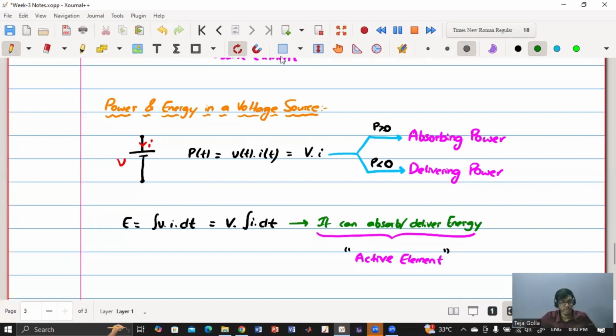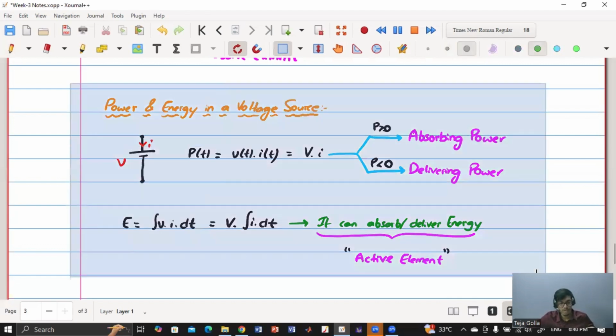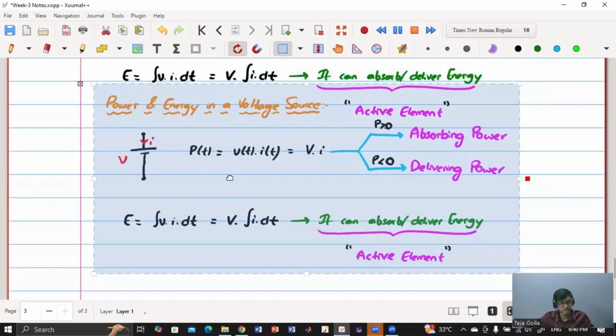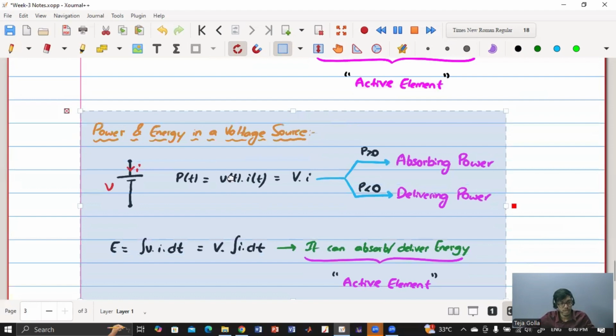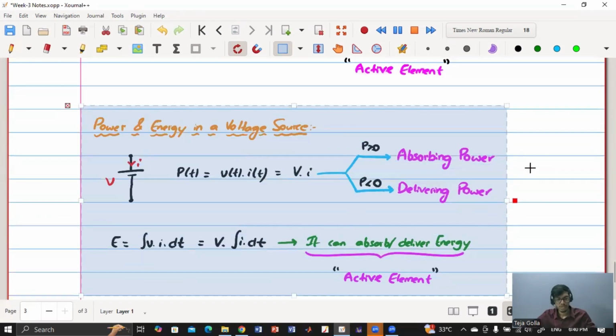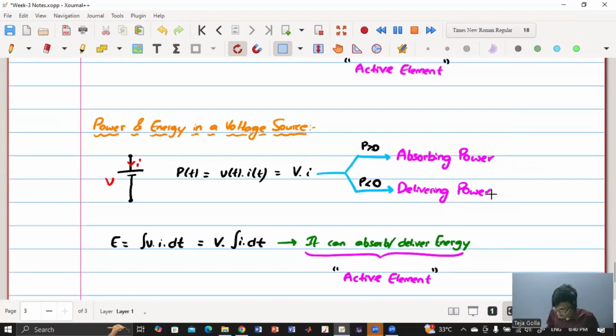Now, a similar thing for the current source, only current will be replaced by voltage and voltage will be replaced by current. Let me slightly change this. This is a current source.